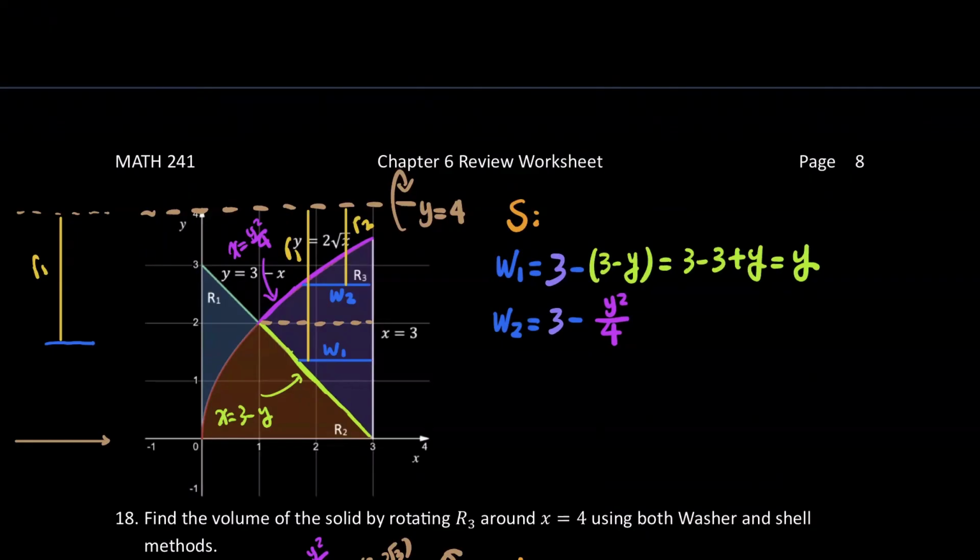And we know that this distance here is simply the y coordinate. And total distance is 4.